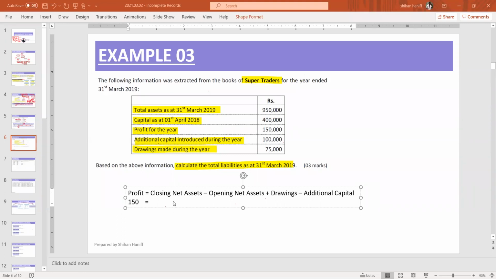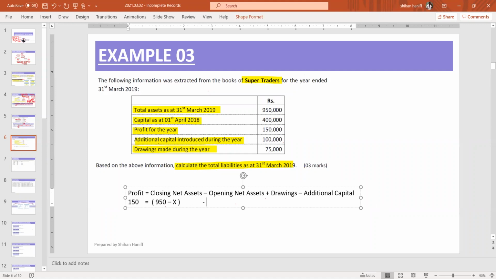Okay. Closing net asset is asset minus liabilities. Asset is 950. Liabilities not given. So we take it as X.